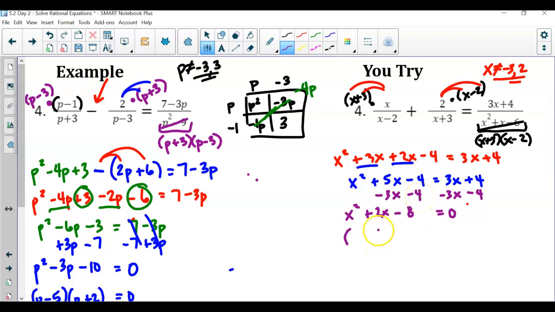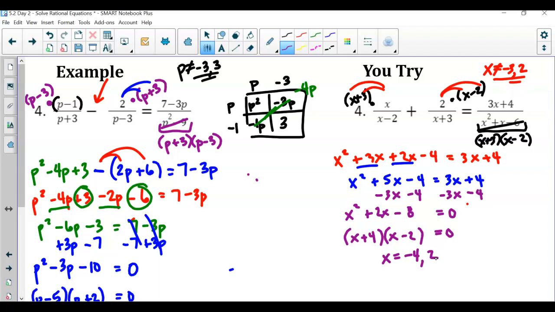Now we can solve by factoring. What numbers multiply to get negative 8 and add to get 2? Positive 4 and negative 2. That means x is equal to negative 4 and positive 2. Now, before I say this is my answer, let's check for the extraneous.